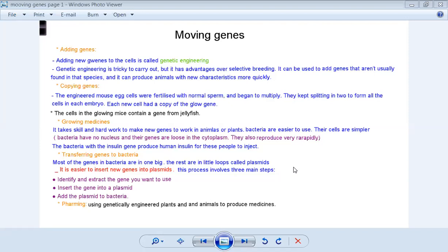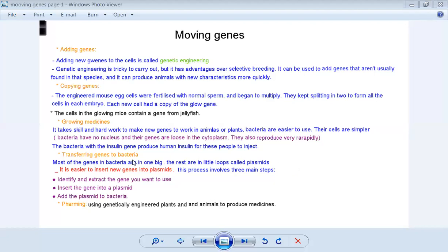It's not easy to get injections. So how are scientists using genetic engineering? They are using the cell of a bacteria. Why? Because bacteria is easy to multiply, easy to reproduce, so it will be easy for them to get more insulin in a short time.